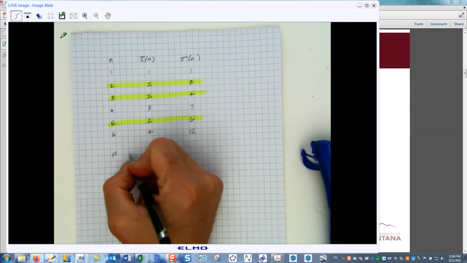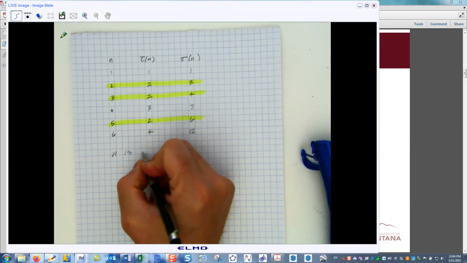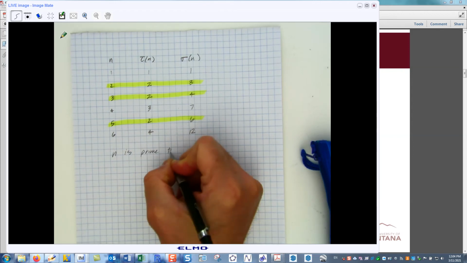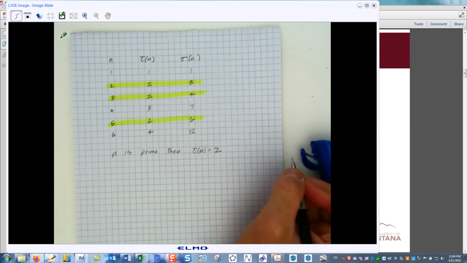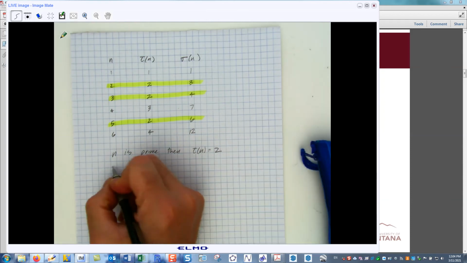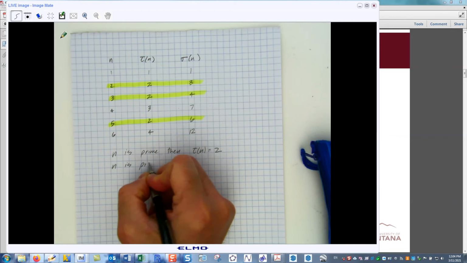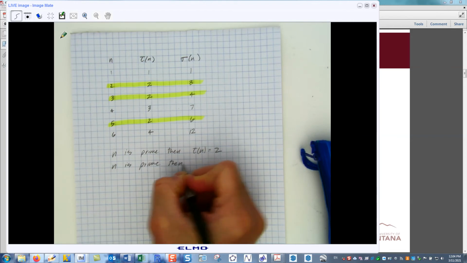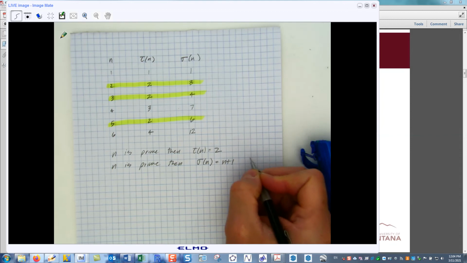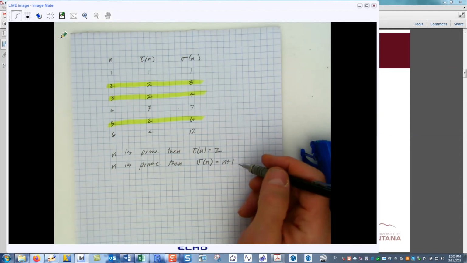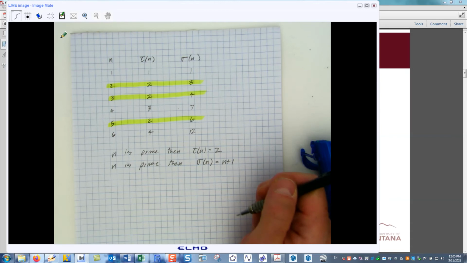If n is prime, then tau of n is always going to be 2, because it's only divisible by 1 and itself. And if n is prime, then sigma of n is just equal to n plus 1, because a prime number is divisible by itself and 1. So a couple of interesting ideas there.